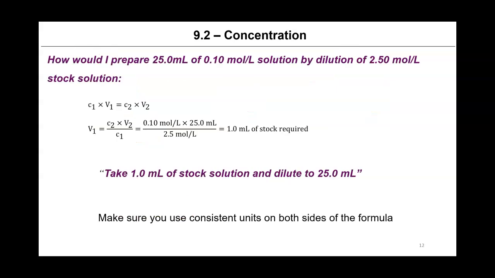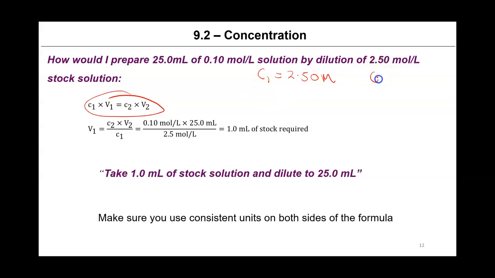Okay, so this is an example problem of using the dilution formula. We'll do a couple of these. It says, how would I prepare 25 milliliters of 0.1 molar solution by dilution of 2.5 mole per liter stock solution? So we're going to begin with our dilution formula, and what we know is the concentration that we're starting with is 2.5 moles per liter.